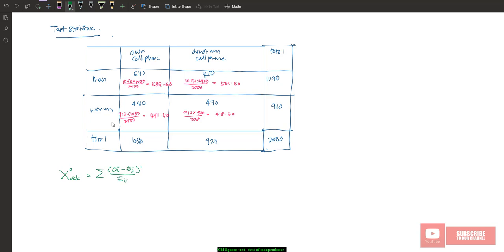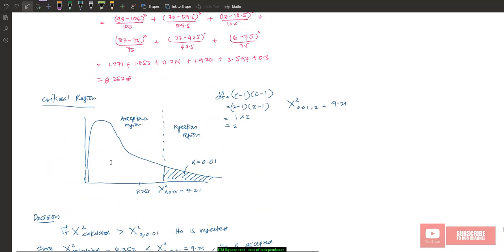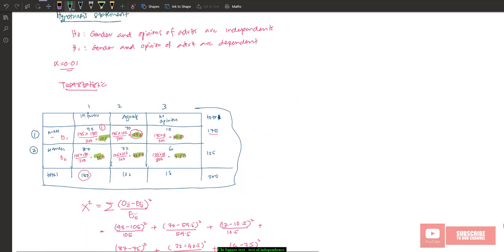But if you look at the table, we have a 2 by 2 table, meaning 2 rows and 2 columns. If you look at the first example, we have 2 rows and 3 columns. So this is what we call a 2 by 3 table, right?